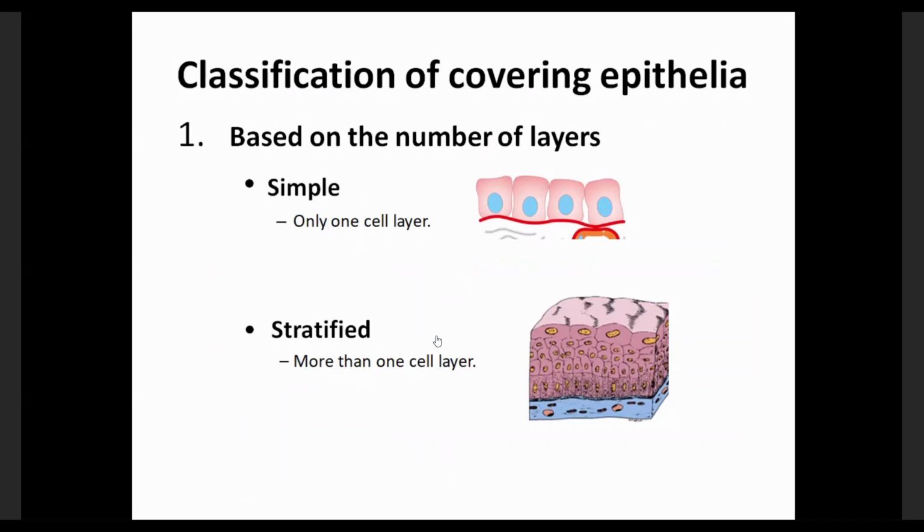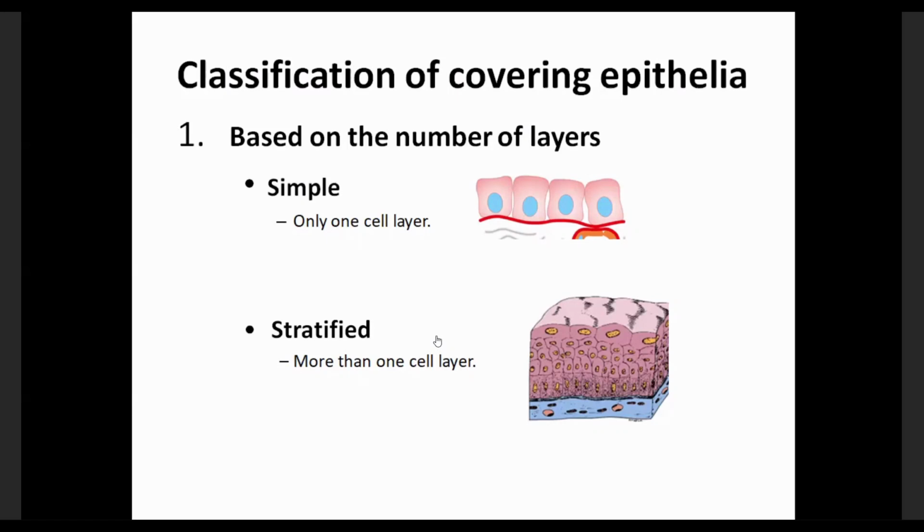Then we have more to say in the coming remaining time about the different types of epithelial tissue. I told you we have to divide. For example, I told you those which are covering and lining, and those which are involved in secretion, and we don't speak much about those involved in contractility.